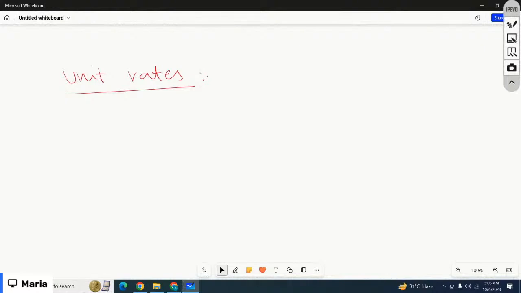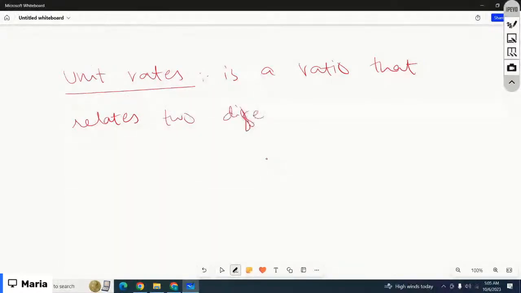So a unit rate is a ratio that relates two different units of measure. Let's start with an example and see what the unit rate is.